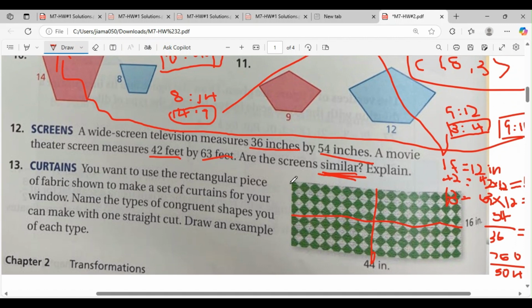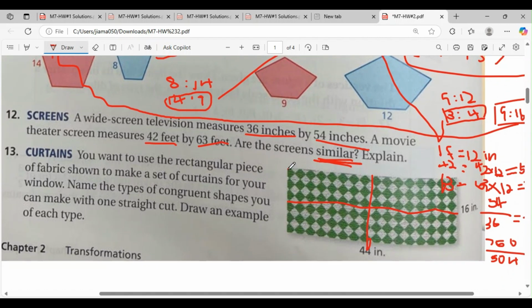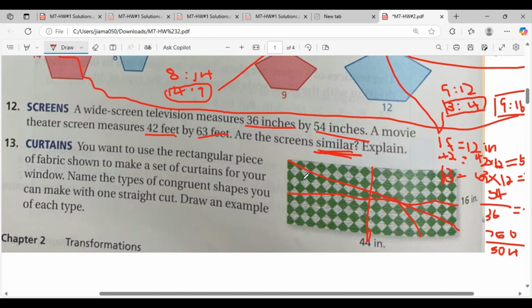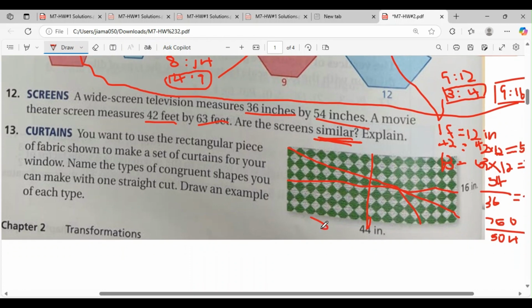This is the second way. Also, we can cut like this, connecting the two angles. Okay, so we have three ways.